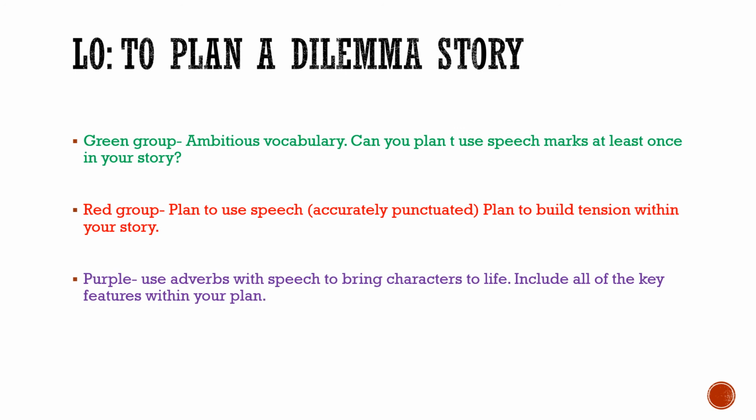And you should be referring back to your plan to see what the key features are and see how many of those you can include. Purple group, you're going to do the same as red group, except I'd like you to use adverbs with speech to bring characters to life. And I want you to include all of the key features noted on the planning sheet in your plan.